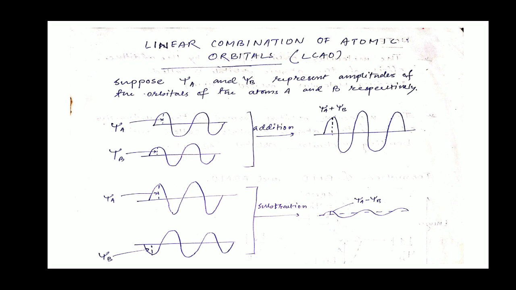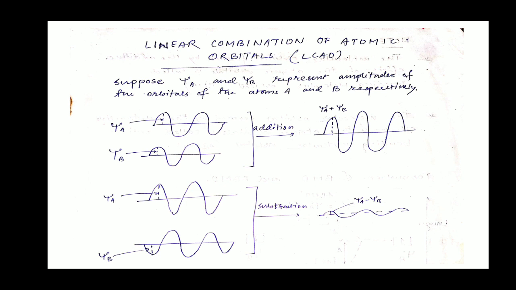So what is linear combination of atomic orbitals? Basically, atomic orbitals get combined to form molecular orbitals, and those molecular orbitals are explained with the help of this concept, which is called linear combination of atomic orbitals.